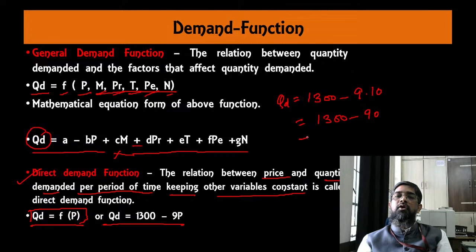So your quantity demanded will be equal to 1210. Similarly, if price changes from 10 to suppose it becomes 20, say for example, so this whole figure will change, it will become 180. So 1300 minus 180, that will be our quantity demanded.